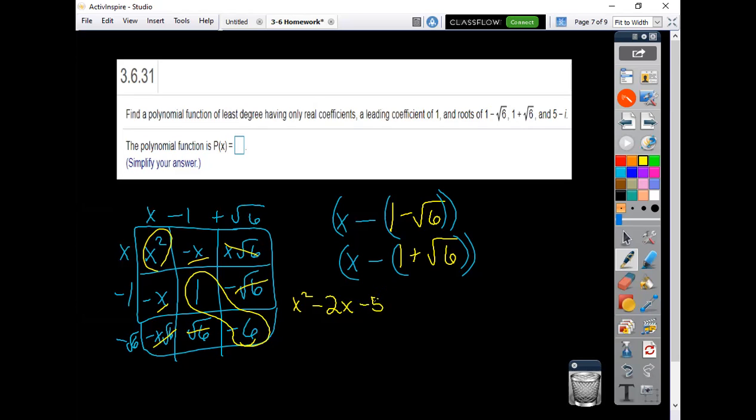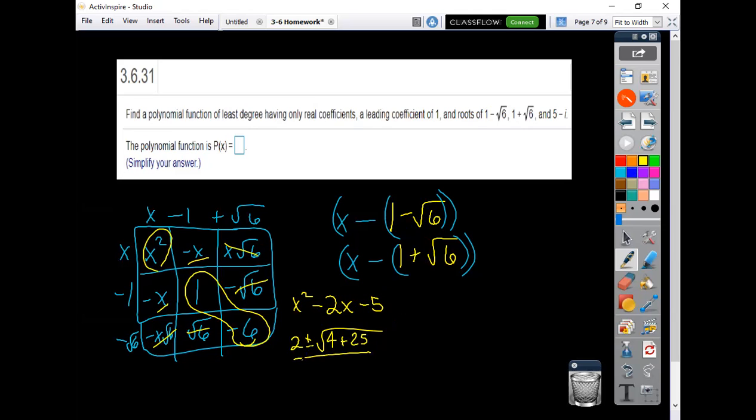If we wanted to, we could check this quickly and see if we do get these two zeros. So I'm going to do the quadratic formula here real quick. x equals negative b plus or minus the square root of b squared minus 4ac, all over 2a.